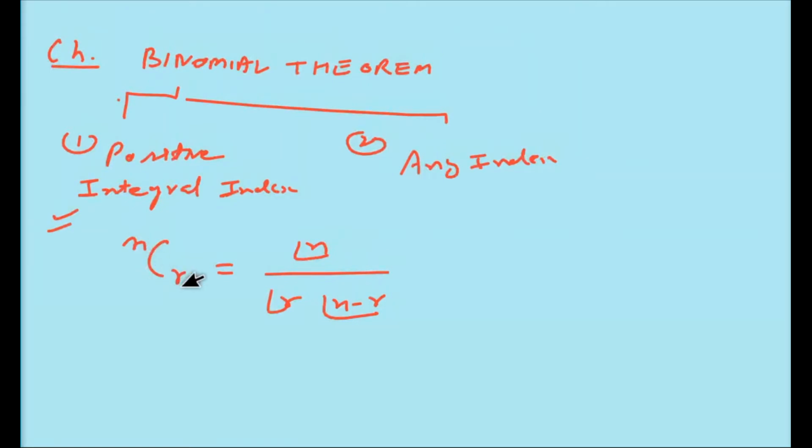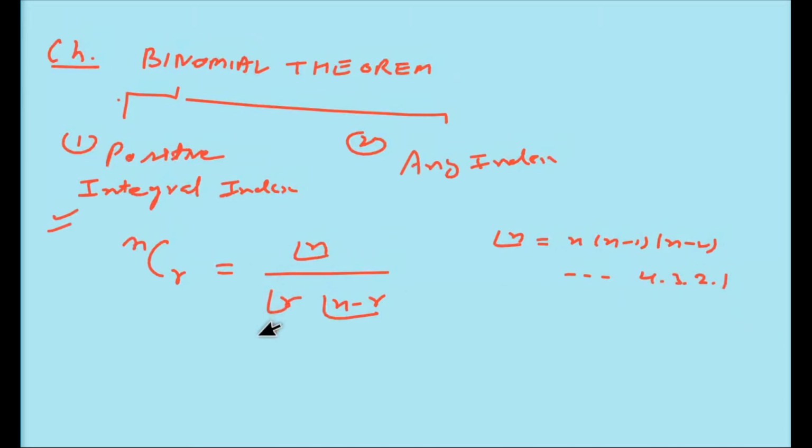The meaning is that from n different objects, you have to select r different objects. You remember this? And what is the meaning of factorial n? n, n minus 1, n minus 2, dash dash dash, 4, 3, 2, 1.